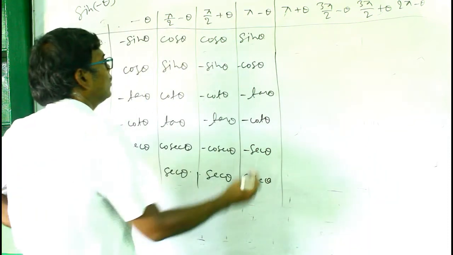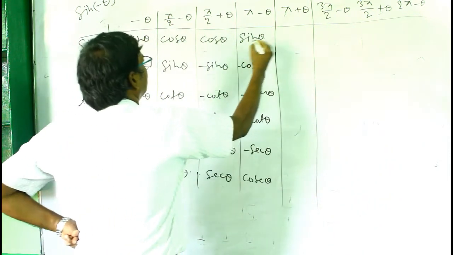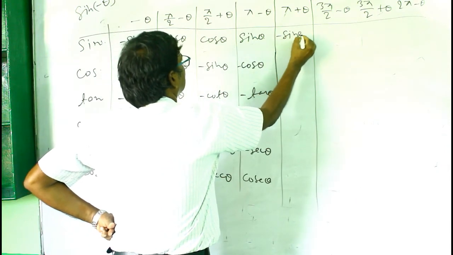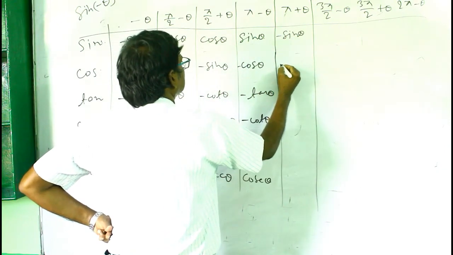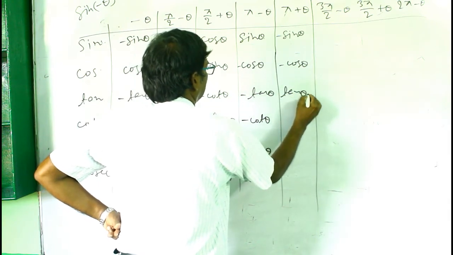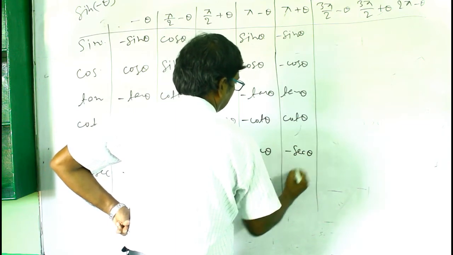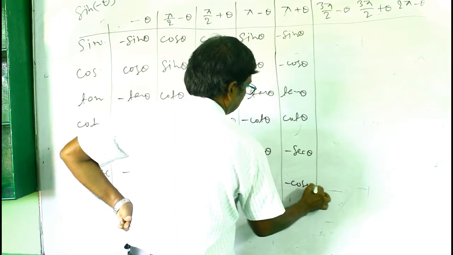Okay. Now you have pi plus theta. In this pi plus theta, now it will be negative here. This will be minus sin theta here, and this is minus cos theta. This will be here positive, and this is also positive. This is negative, and this is also negative.